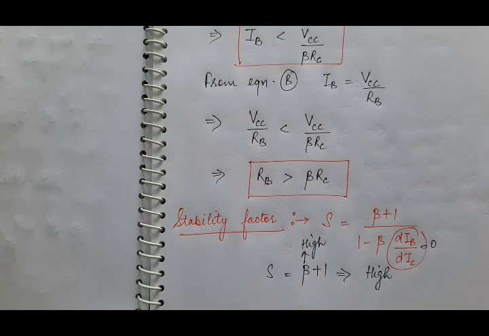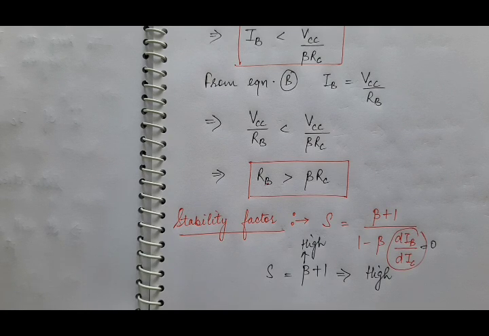Now what are the disadvantages? The disadvantage is that as this stability factor depends upon beta, which is quite high, the stability factor in this case will be high. So this is the first disadvantage. If the stability factor is high, it means thermal instability of the transistor will be high. What is the meaning of that?